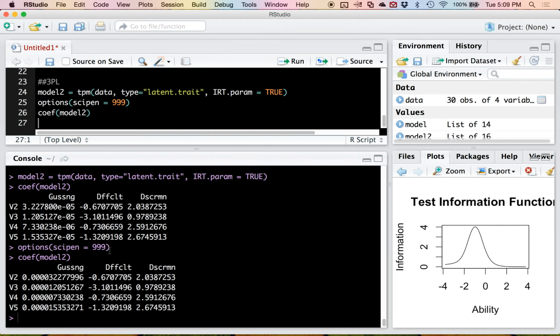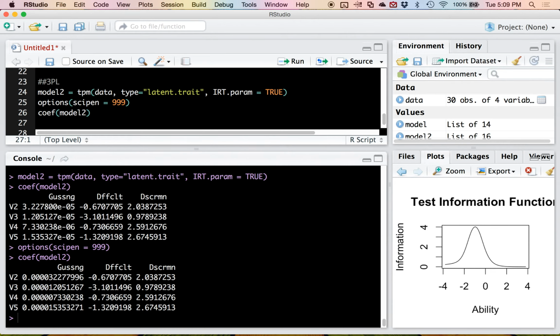So guessing, remember, is if I have no clue what it is, how easy is it to get the right answer? Whereas difficulty is if I was supposed to know what it was, how easy is it to get the answer? Okay. So the guessing parameter is very, very close to 0. So I imagine that this model as a 3PL is very similar to a 2PL model.